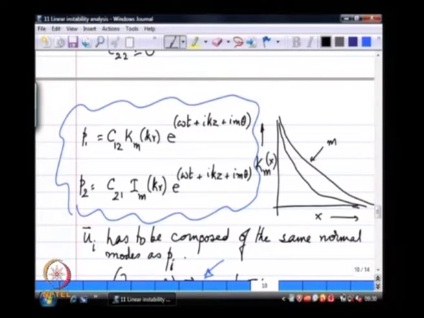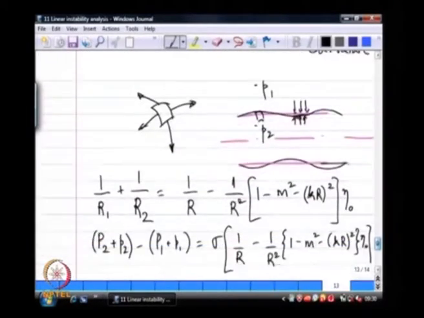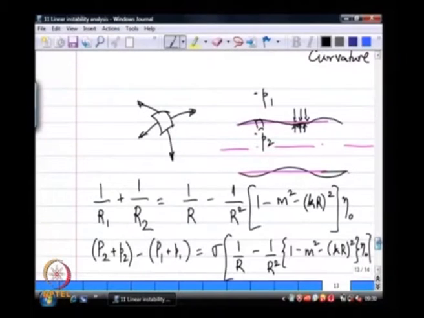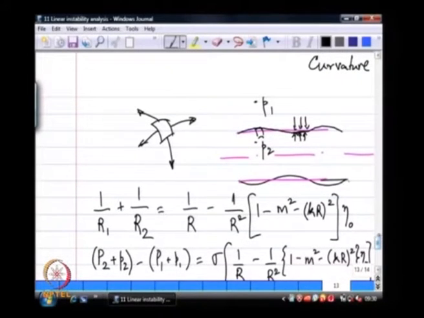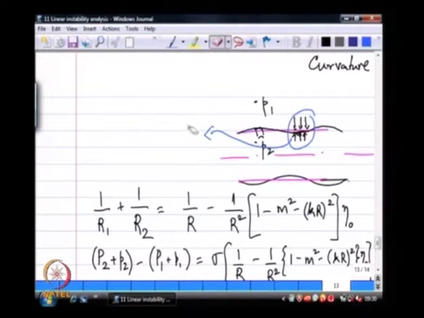Okay. Now, I want to also make sure we understand one more concept here. When I draw a free body diagram of this, I will erase this part.